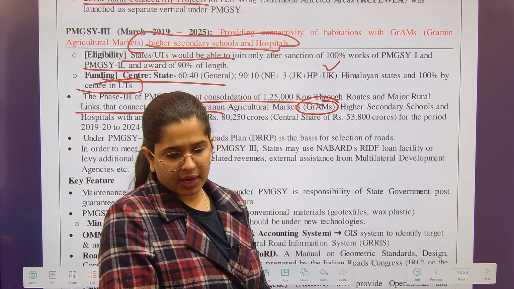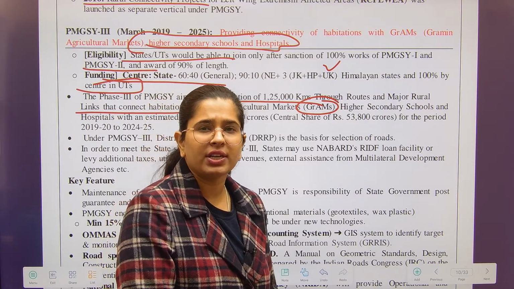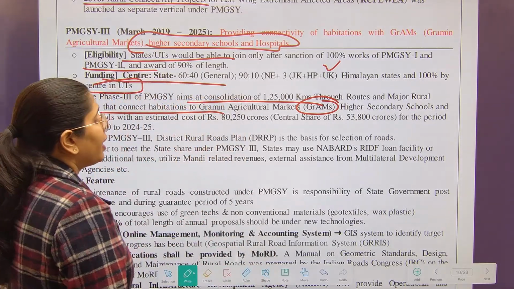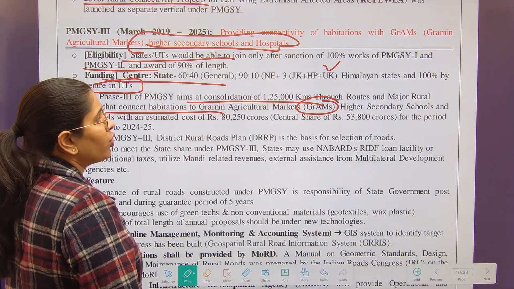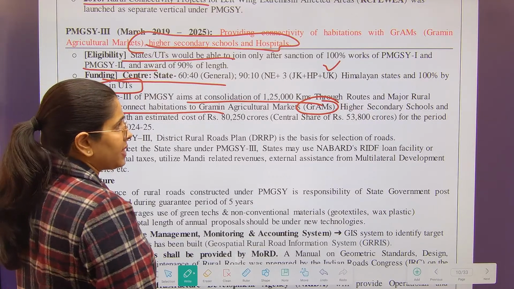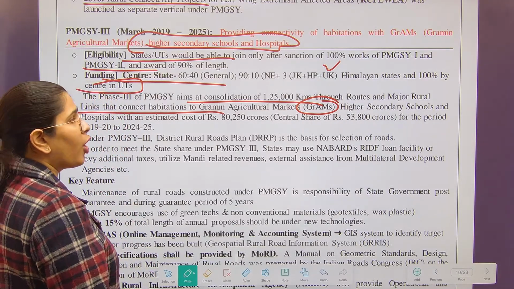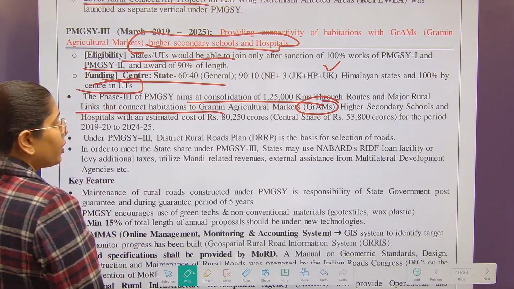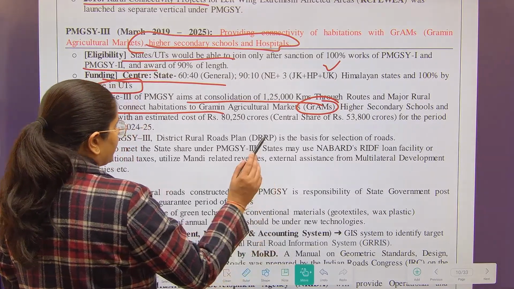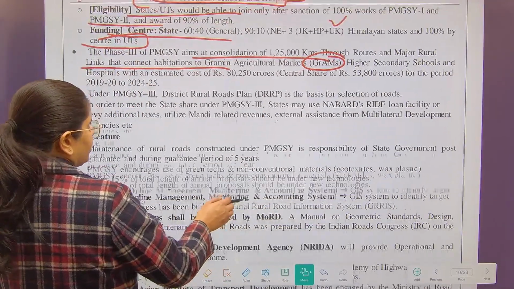You can understand this as setting up village kind of hubs. Under this, we want to connect all the rural marketplaces with higher secondary schools and hospitals. The estimated cost is 80,000 crores, in which the central share has been given.